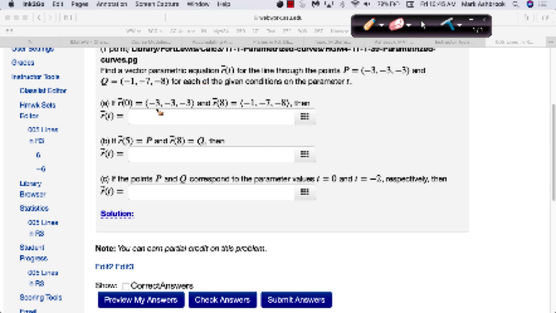So here they say they want r of 0. So what's our vector equation of a line first of all? Let's write that down. So r sub t, that was like our x, y, z equals. What was our equation of a line? Remember?